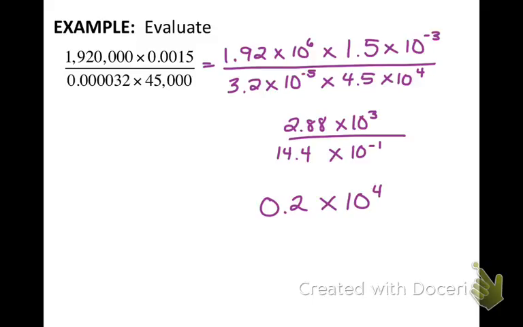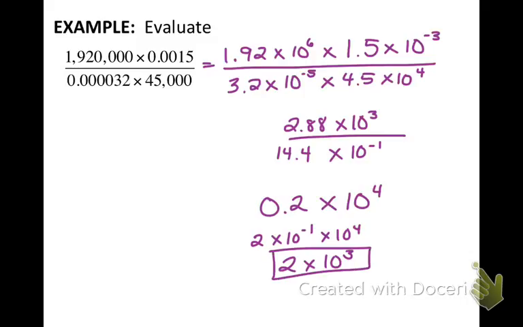And the reason being, if I just focus on writing this in scientific notation, this would be 2 times 10 to the negative 1, right? Just the 0.2. And if I multiply that by 10 to the 4th, well, 4 minus 1 makes 3, so we get 10 to the 3rd. So 2 times 10 to the 3rd, which would really be what number? 2,000? Yeah. 3 zeros? Yeah.